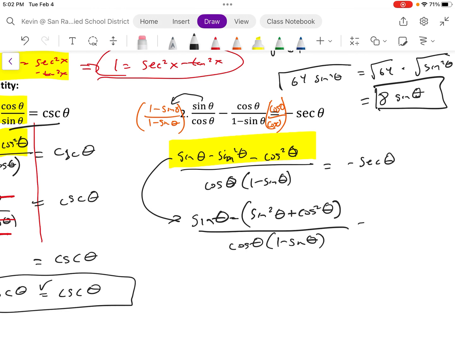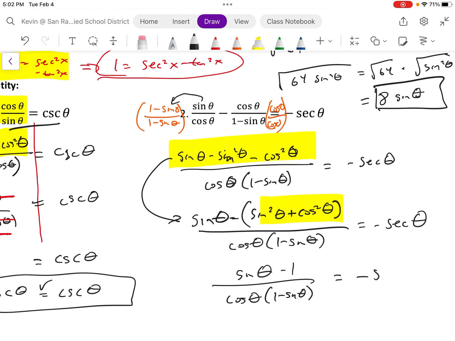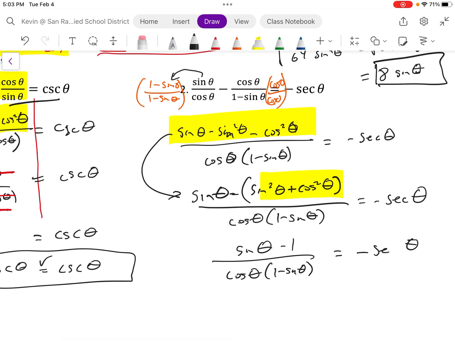So this equals that, and it's important I did it that way. Cosine theta times 1 minus sine theta equals negative secant theta. Now this equals 1. So sine theta minus 1 over cosine theta times 1 minus sine theta equals negative secant theta.